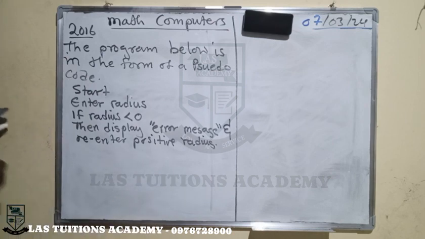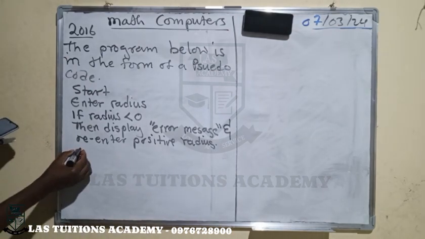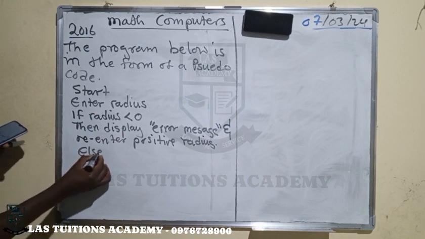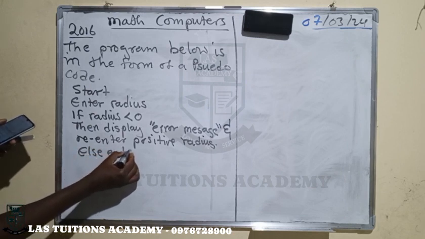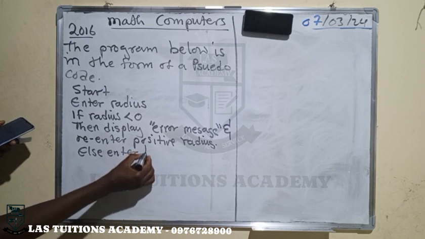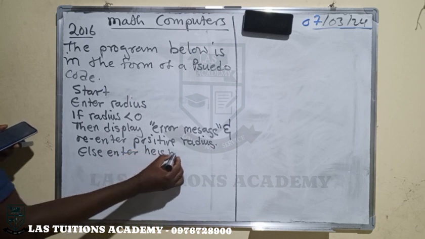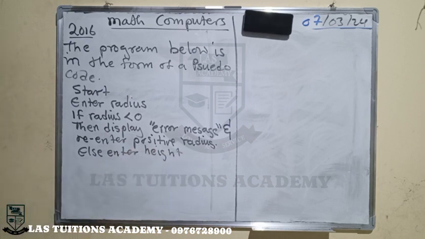Okay, then further it says else enter height. Okay, else enter height. This one is quite long. I don't even think whether it will fit on our board here. So else enter height.